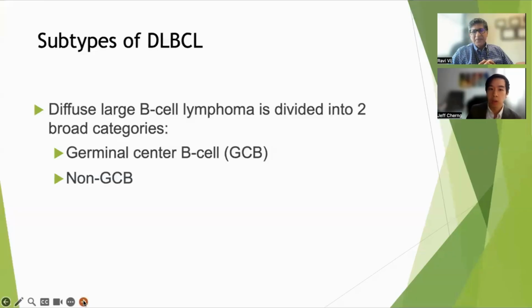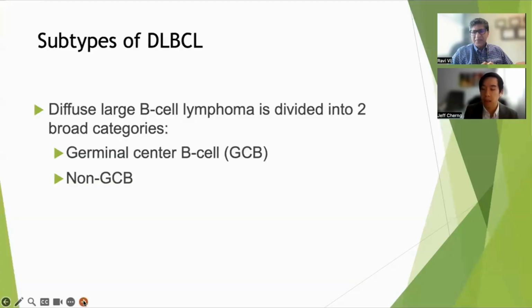And so we've tried to approximate this with a simplified algorithm called the Hans algorithm, which is a set of immunohistochemical markers that are routinely tested for in the diagnosis of DLBCL.